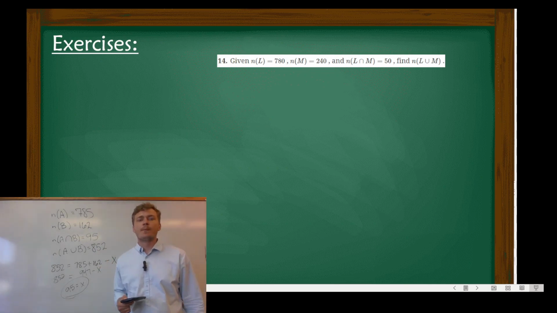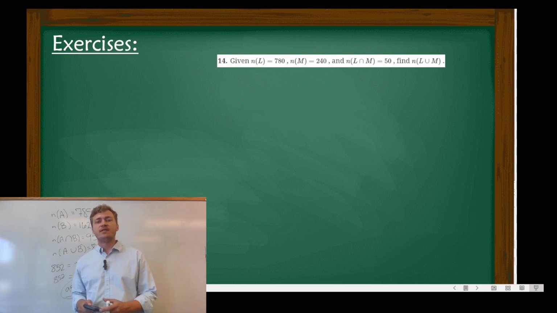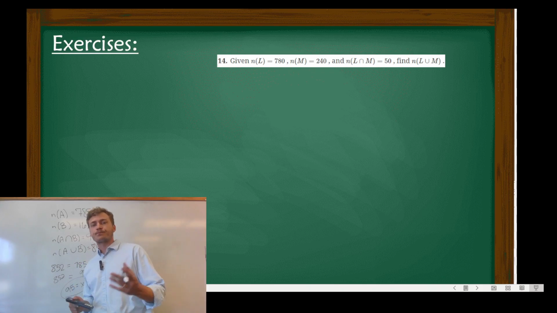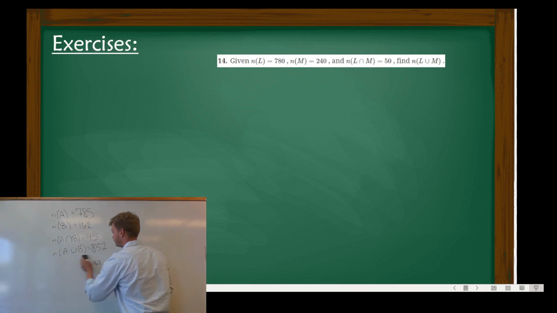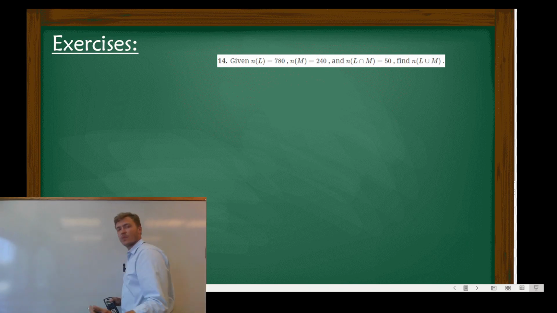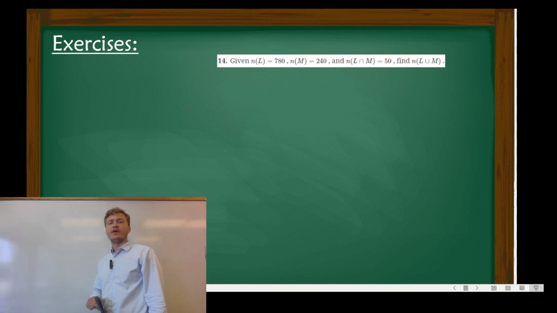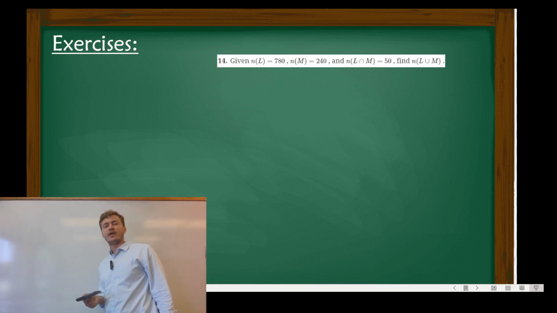Another example, given n of L is equal to 780, n of M is equal to 240, and n of L intersect M is 50. Find n of L union M. Once again, using the formula, using the notation for L and M, just replace the A and B notation that we have given at the beginning.